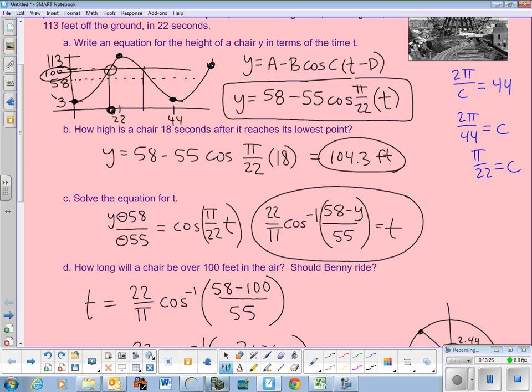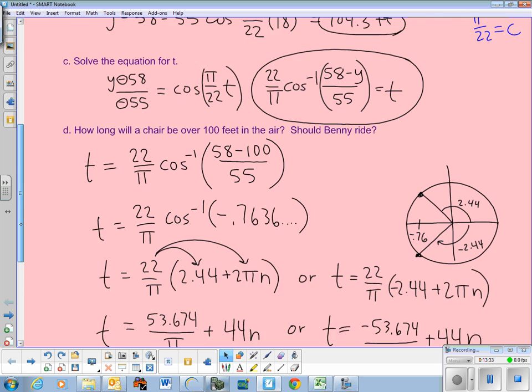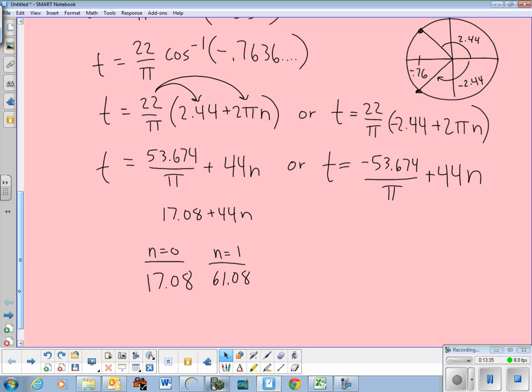All right, the other equation is going to produce this value, which is the time when I cross back under 100 feet, and Benny can stop freaking out. That should happen over here. Let's get, oh, we're dealing with the same number. So when n equals 0 over here, I have negative 17.08.